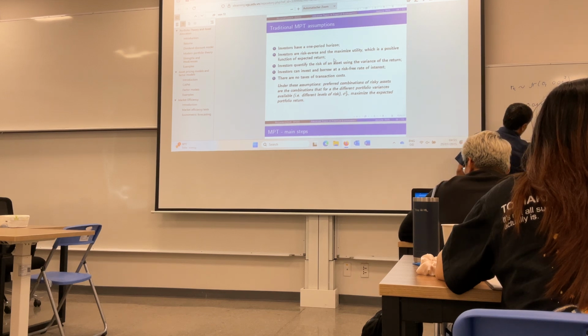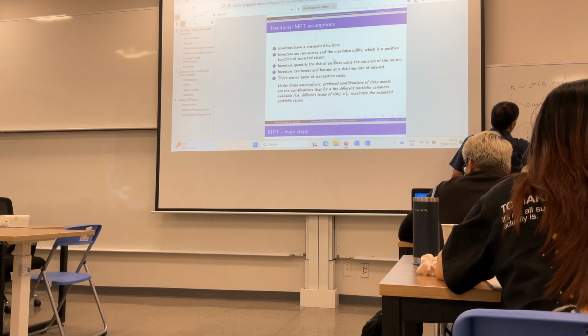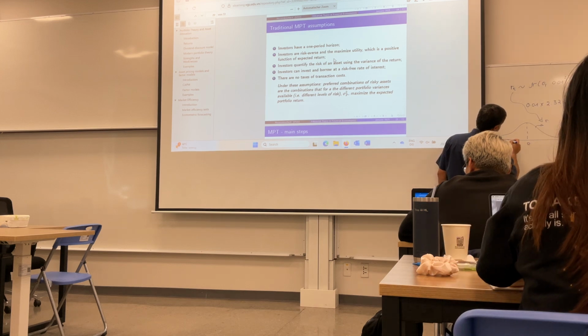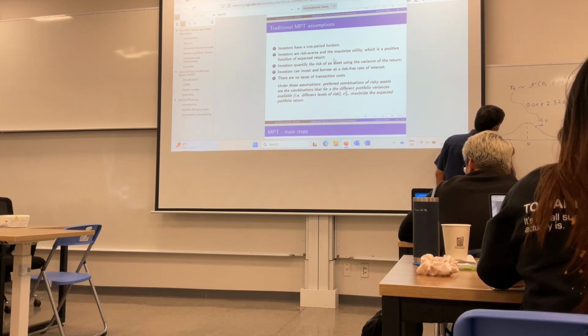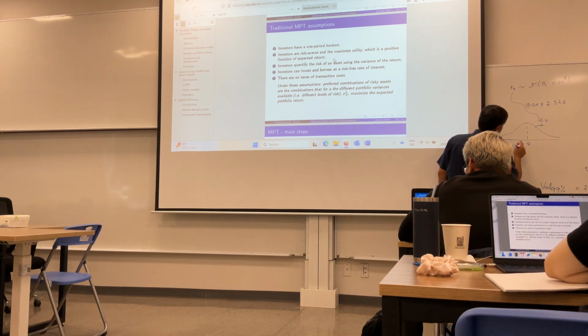If I draw the distribution, let's say this is the return. That's mean 0. So these are the returns. This point is 0 and then 2.326 times sigma.